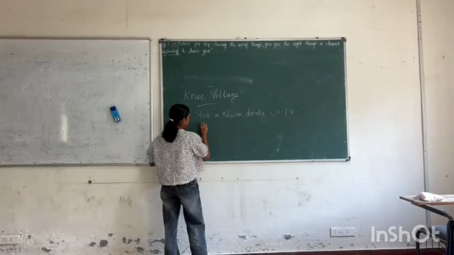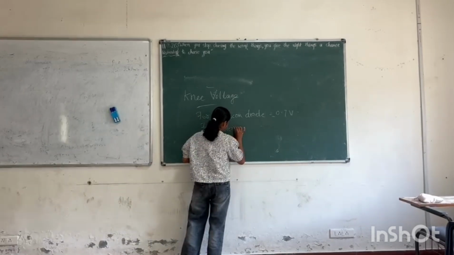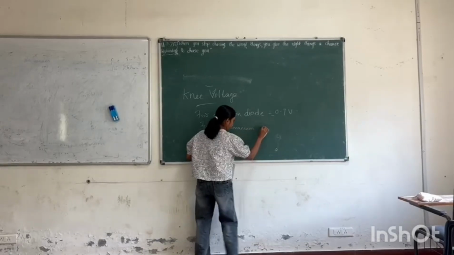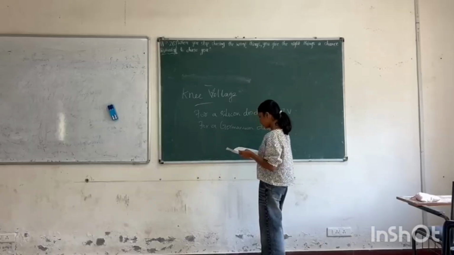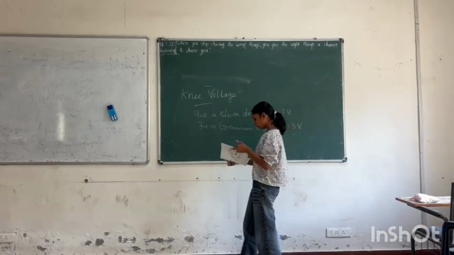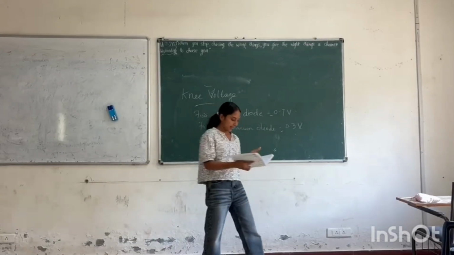For the germanium diode, the knee voltage is 0.3 volt. Below knee voltage, the current is very small.